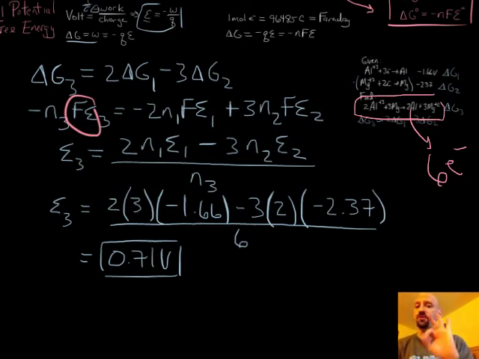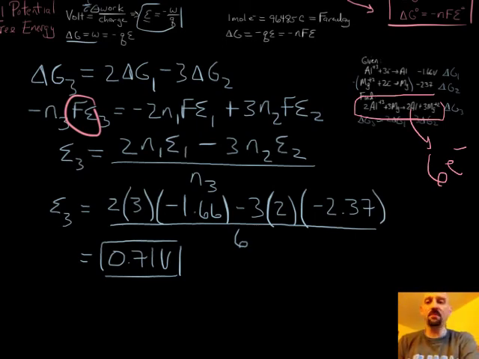That's a change of 3 electrons, but times 2 moles, so that's 6 electrons that I'm transferring. Or I have 3 moles of magnesium 0 going to 3 moles of magnesium 2+, so then that's 2 times 3 gets you to 6 electrons as well. So that's why I have a 6 in the denominator for my E3 expression.